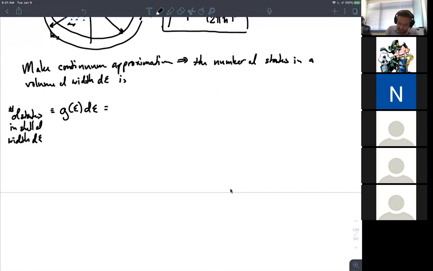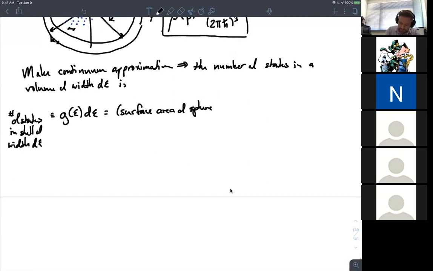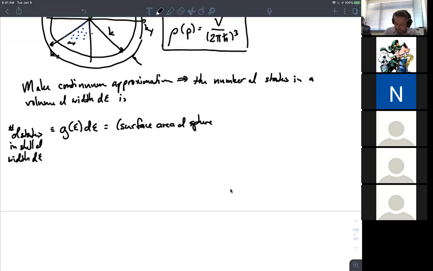This is equal to the surface area of my sphere, this sphere specifically, times the thickness of the shell when I kick it out by an amount dE, the width of the sphere, times the density of points in my grid.